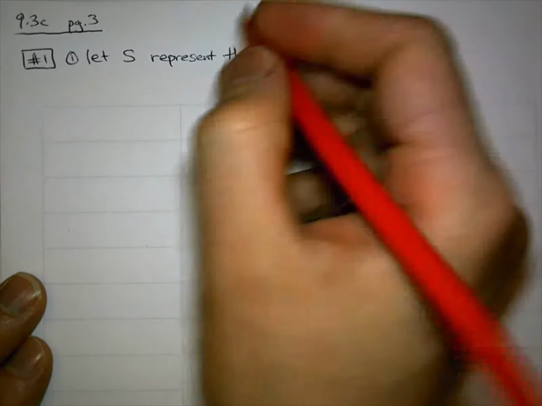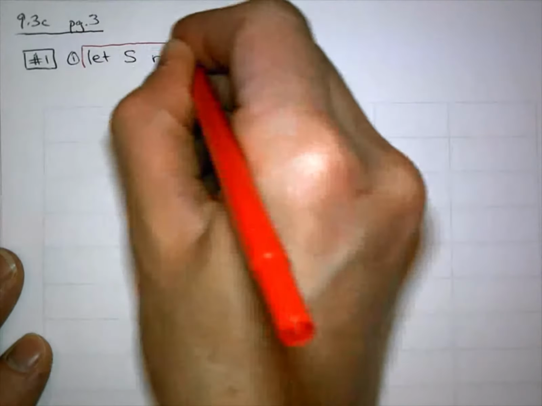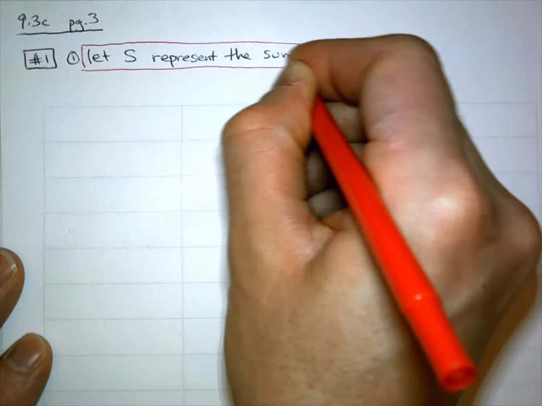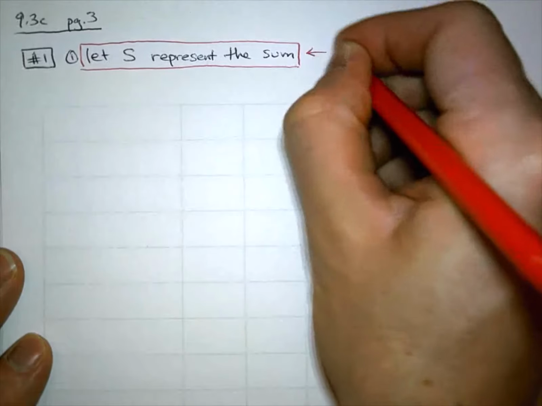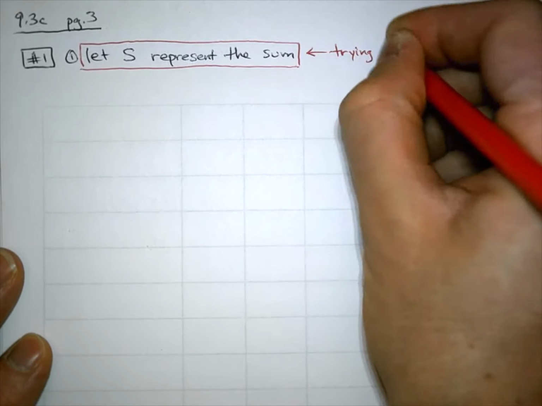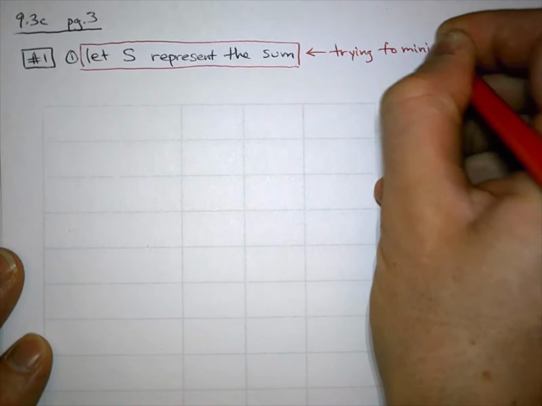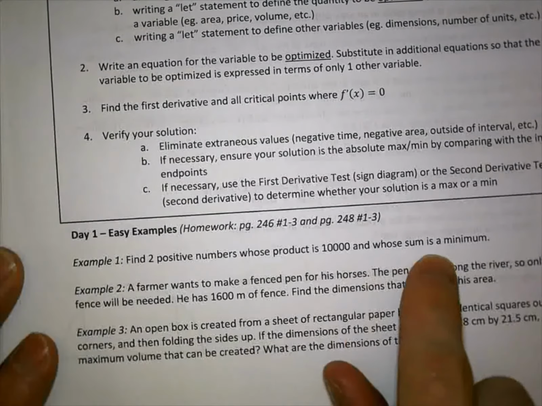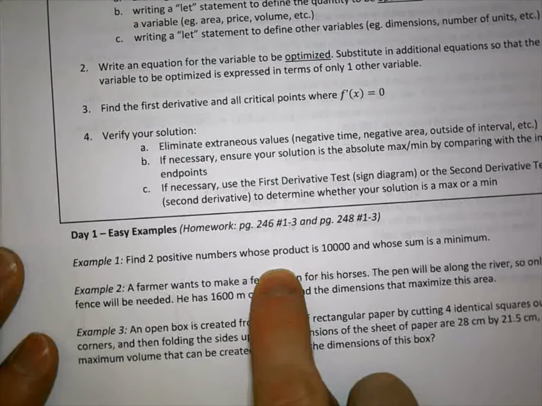And just because we're just starting here, I'm going to make this nice and really illustrate what we're doing. S is the thing we're trying to minimize. Great. What other things are we looking for in this question? What other numbers can I define?